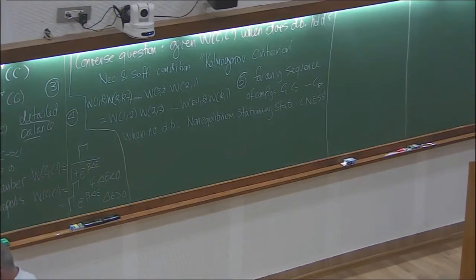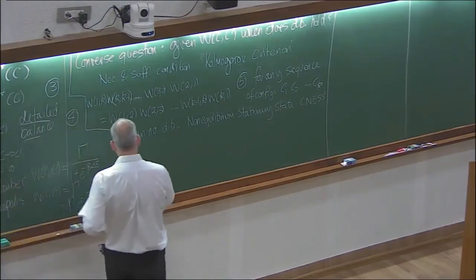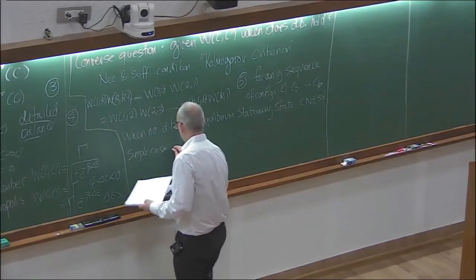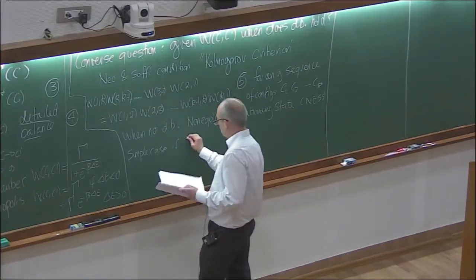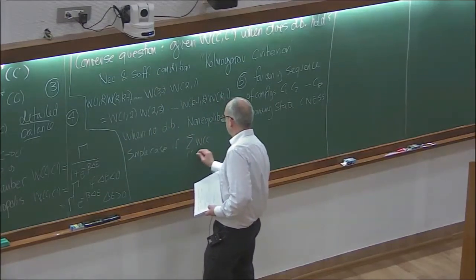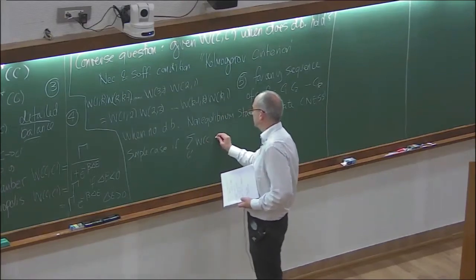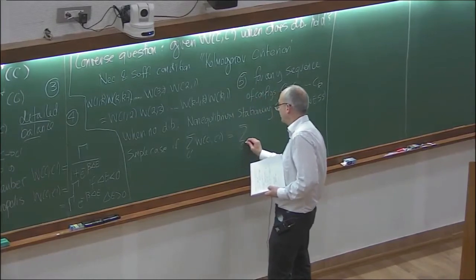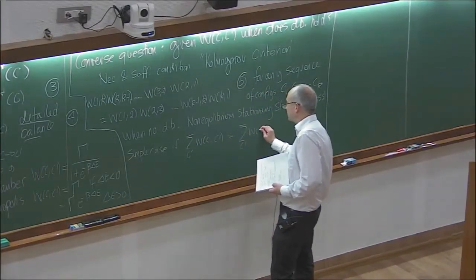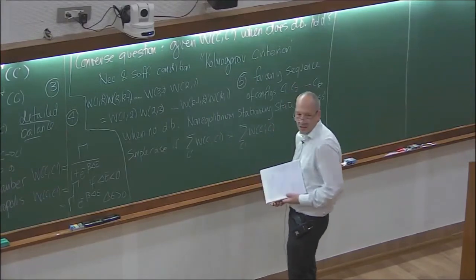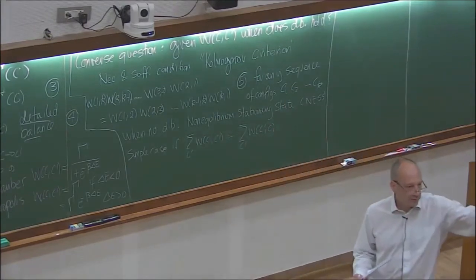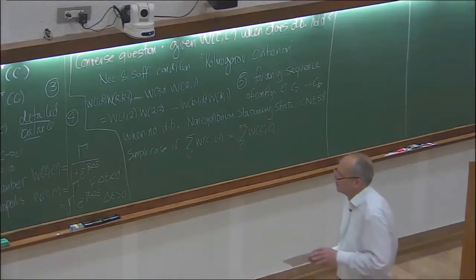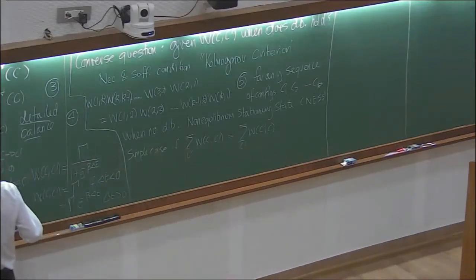One simple case is if the sum over transition rates into some configuration C is equal to the sum of transition rates out of configuration C. So if you like, the total transition rate out of configuration C is equal to the sum of the transition rates in.